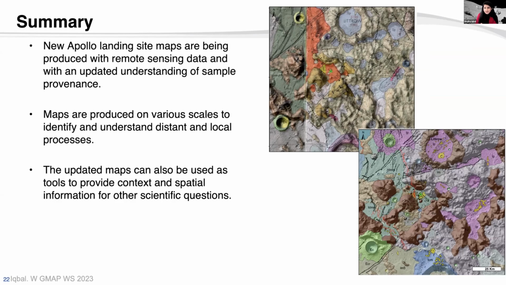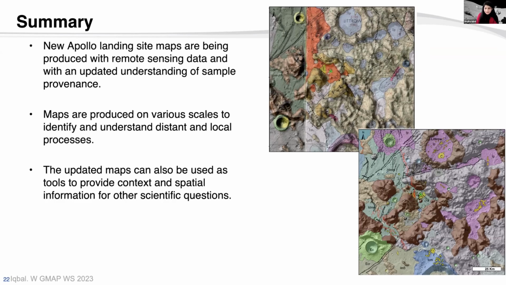But this is the point: we have gained all this knowledge since the Apollo era. We have so much data now, we need to update these geological maps, and we also need to create more accurate and new geological maps. With this amount of data, of course, we can create geological maps on any scale, and in any style we want now.